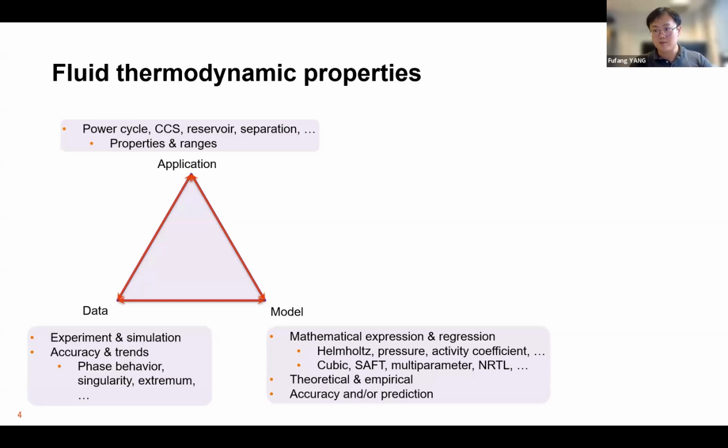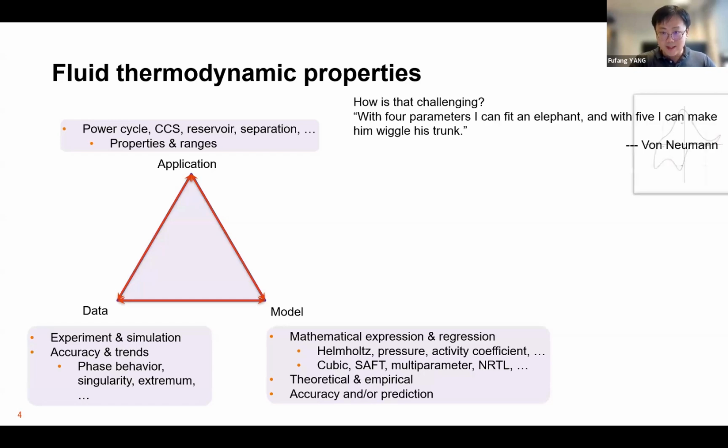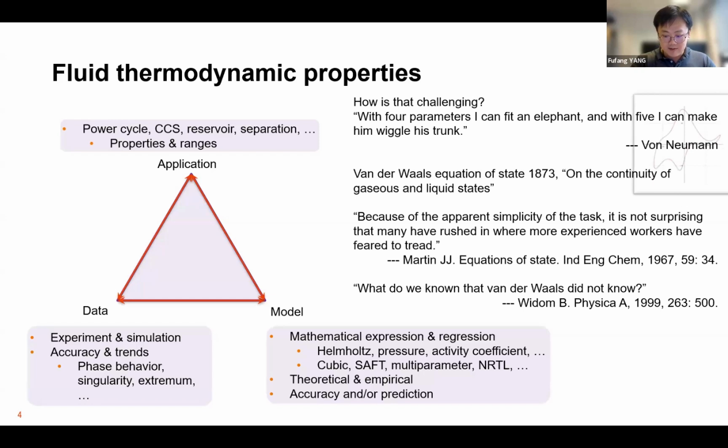We are not developing correlations. We need the engineering models to have some physical meaning. They need to have the correct behavior for extrapolation, for derivatives, for phase equilibrium. And this is not straightforward. Some widely used models today include cubic equations, SAFT type models that I'm going to present about today, and multi-parameter equations, which are mostly empirical, but they are explicit in the Helmholtz energy.